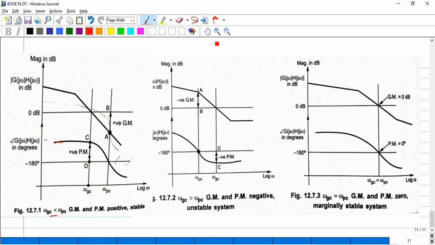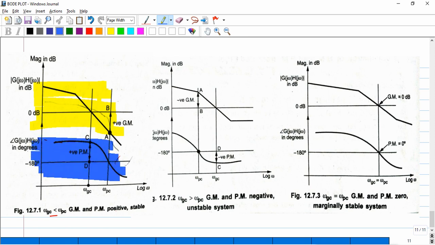If you see this particular plot, let me share, okay. So this plot we call it as magnitude plot, and the below is the angle plot, okay. See, both plot will be drawn in the same semi-log graph, and we will identify the gain crossover frequency and phase crossover.